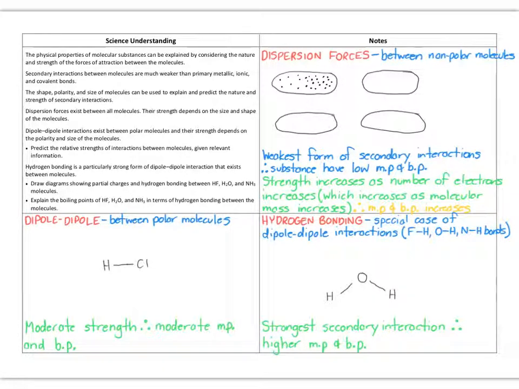And when that happens, that side of the molecule will temporarily, it's not there all the time like in a dipole, like in a polar molecule, but you'll get, if you like, this temporary dipole form. We can get these temporary dipoles formed due to the random movement of electrons.